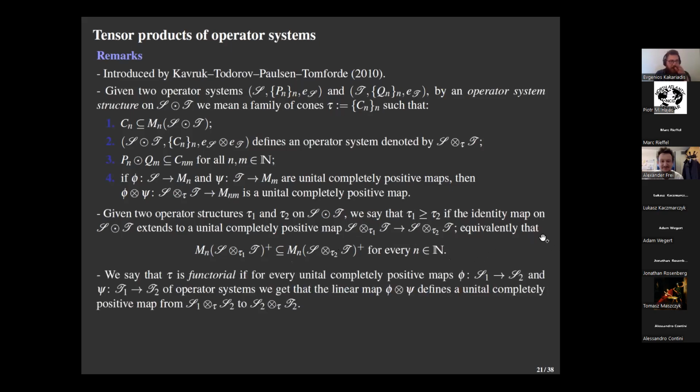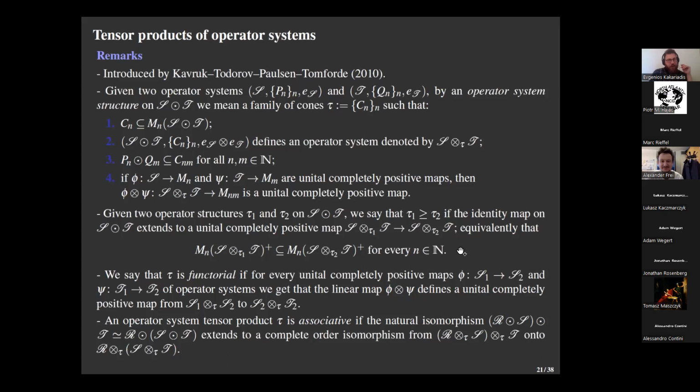And all the tensor products that I'm going to talk about are functorial in the sense that if I have maps from S1 to S2 and T1 to T2, then I can take the tensor product of these two maps and get from the tau tensor of S1 T1 to the tau tensor of S2 T2.